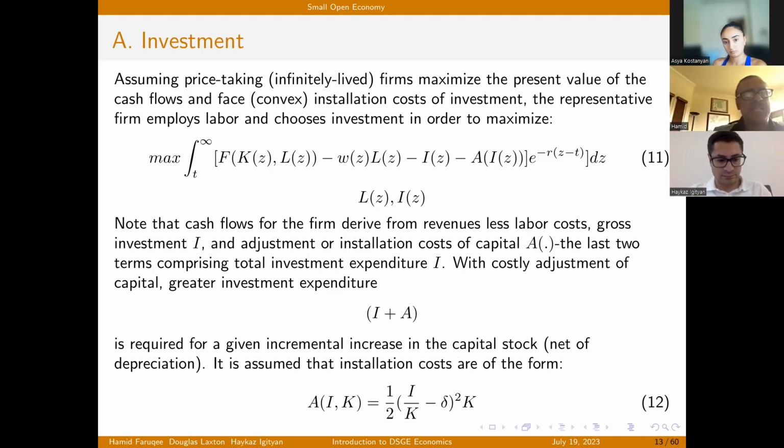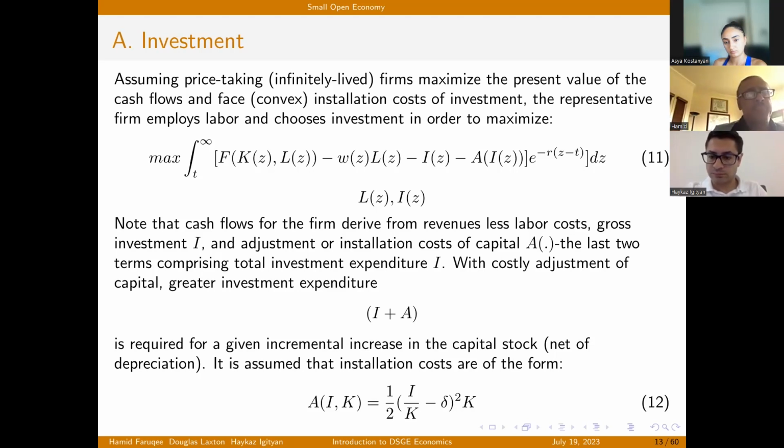It'll allow us to keep the capital stock from being too jumpy. In the spirit of Lucas and Treadway, we have this installation function for capital with some convex, in this case quadratic, costs that you see in equation 12 for installation costs of each unit of installed capital from investment I.